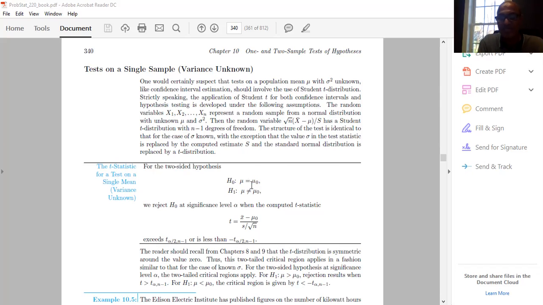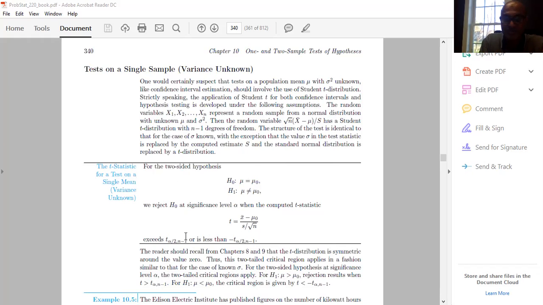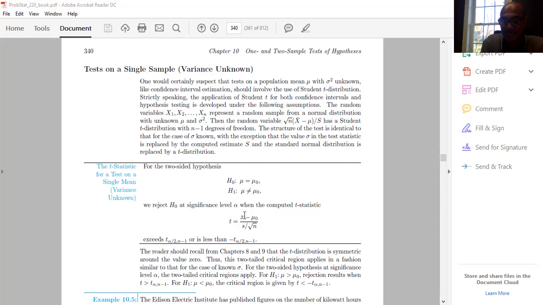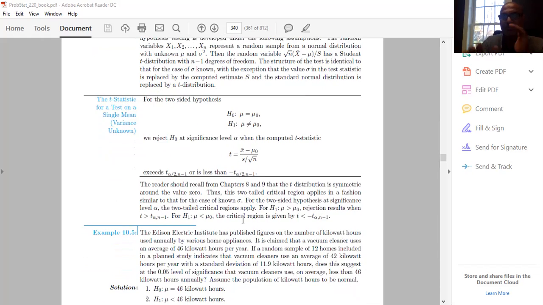So everything is the same. You reject H0 if it does not lie in the interval negative t alpha by 2, n minus 1, to t alpha by 2, n minus 1. So the probability of negative t alpha is less than t alpha; plug in the values, as we did in chapter 9, and you are going to get the confidence interval.